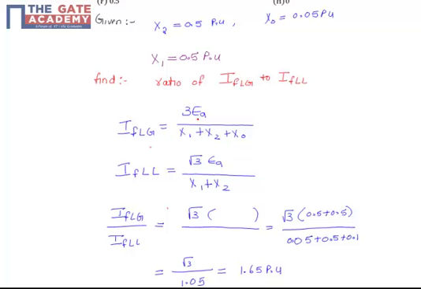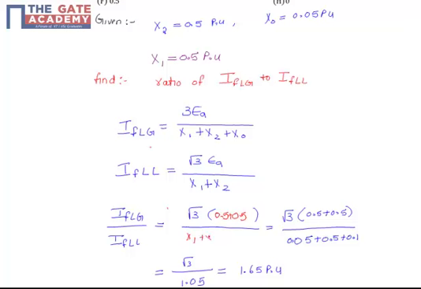We know all the values, so we can calculate the ratio. √3 times x1 plus x2, that is 0.5 plus 0.5, will come in the numerator, divided by x1 plus x2 plus x0.